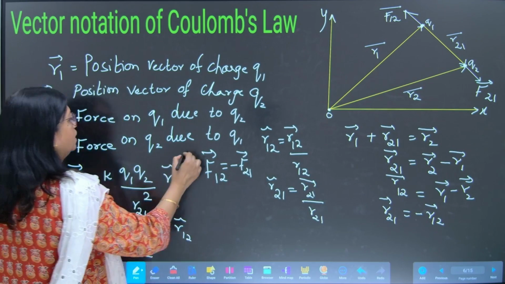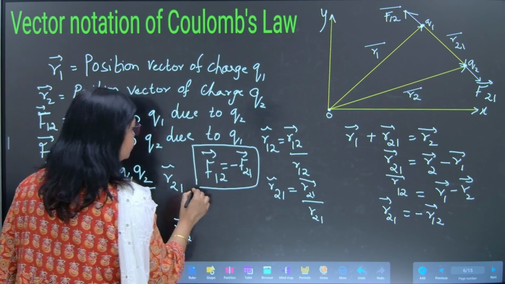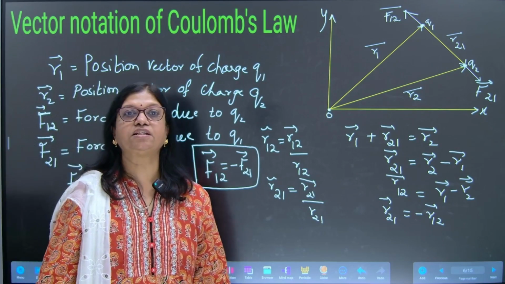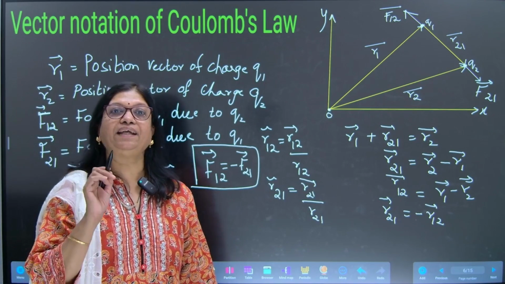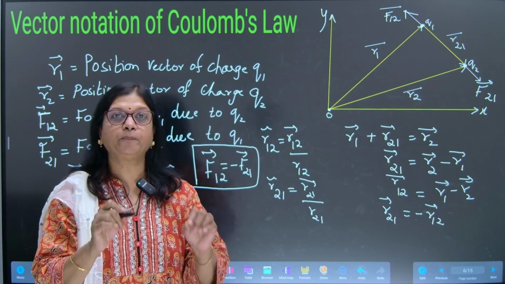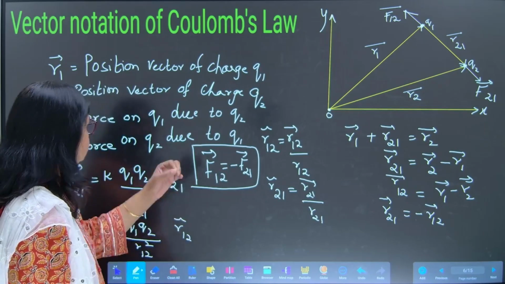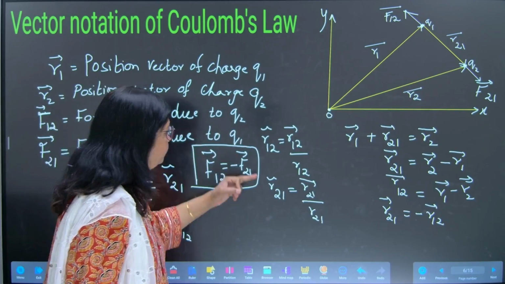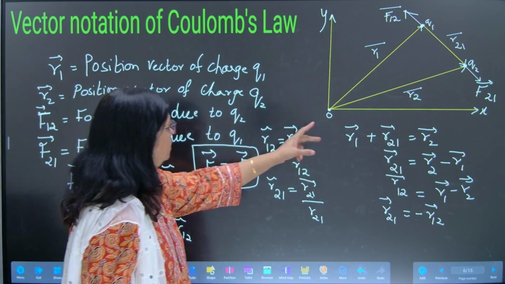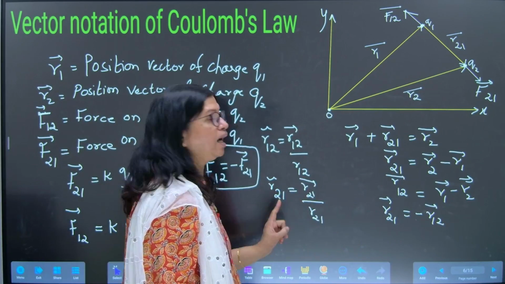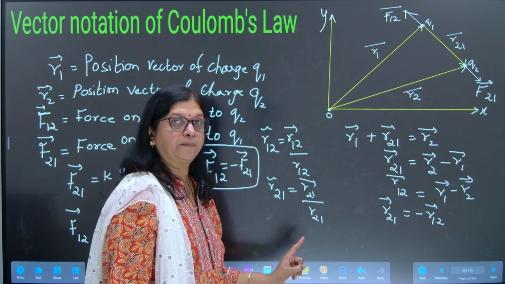What does this mean? That the mutual forces on the charges Q1 and Q2 are equal in magnitude and opposite in direction because their position vectors, as shown here, are in opposite directions.